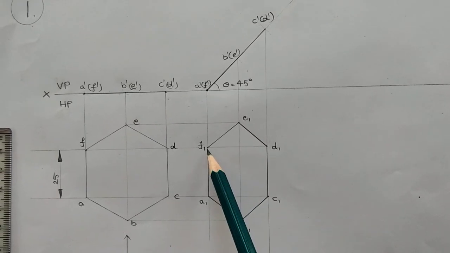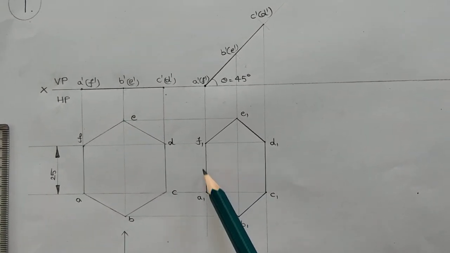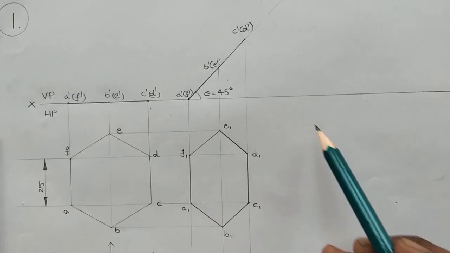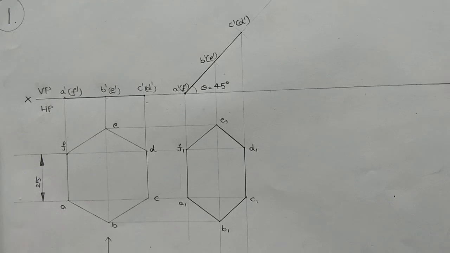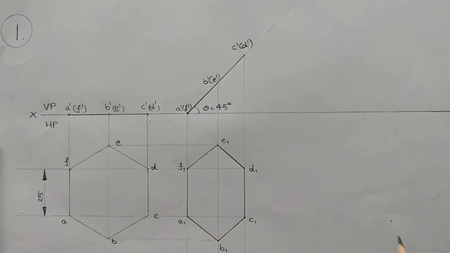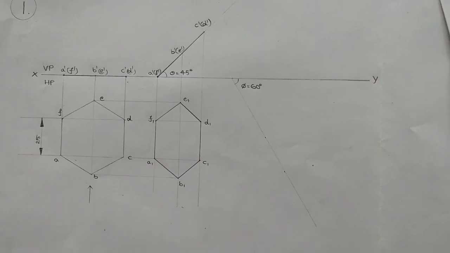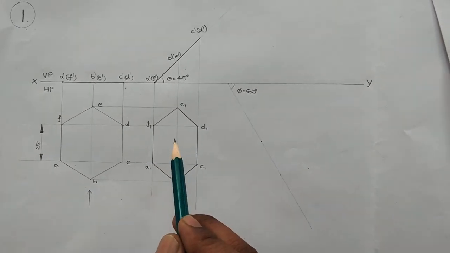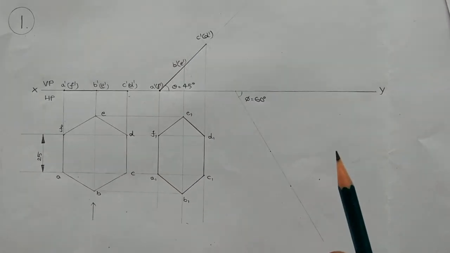So we should keep this particular edge 60 degrees inclined to the reference line, below the reference line. So I am going to construct a 60 degrees line below the reference line. Yes, in the third stage we should reproduce this one 60 degrees inclined to the VP.